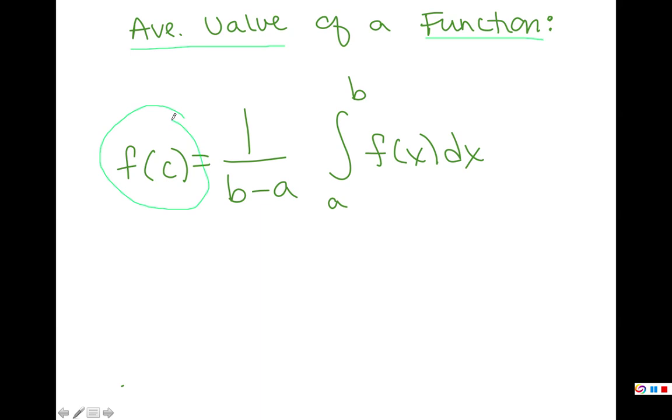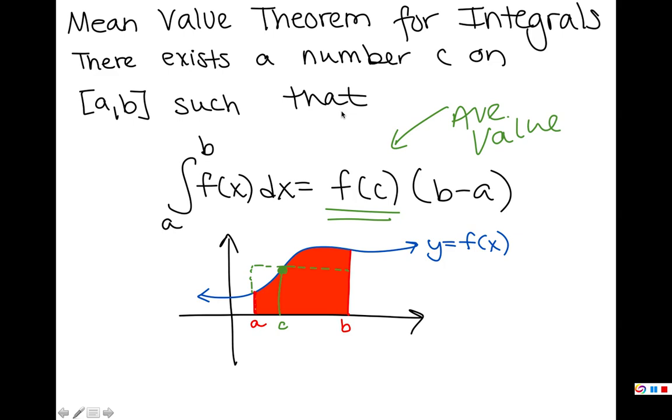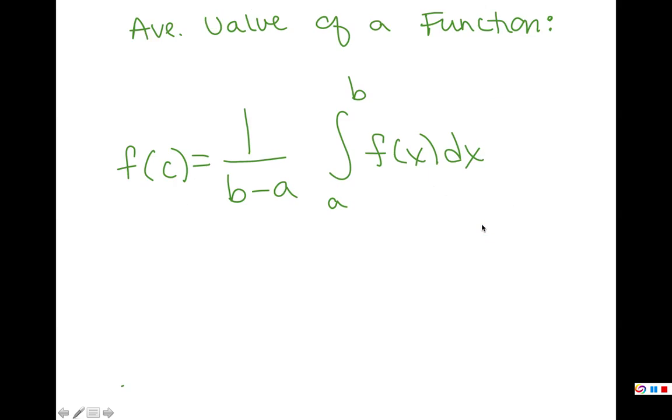And so just very quickly, if we go back to the previous slide, notice that if I want to solve for f of c, if I want to get the f of c by itself, I have to divide both sides by the b minus a. And that's exactly what I have written down on my next slide. So if we take 1 divided by b minus a times our integral, that is the average value of our function.